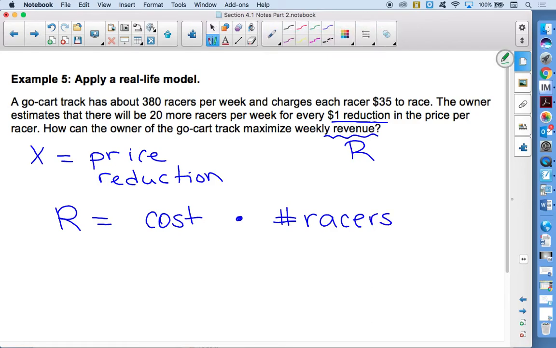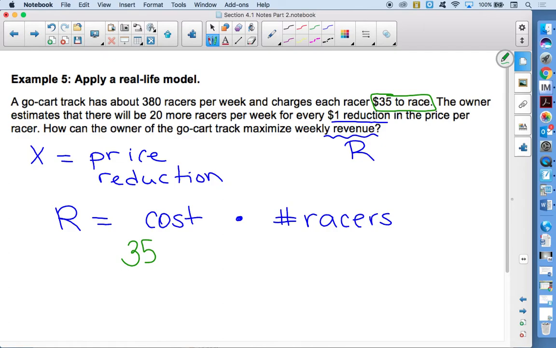Well, our current cost per racer is 35 bucks. That's what he's currently charging every racer in the race. But we want to know what happens if he would reduce the price by $1 or $2 or $3 or $4. So we want to know what happens if we reduce that price by a certain amount.